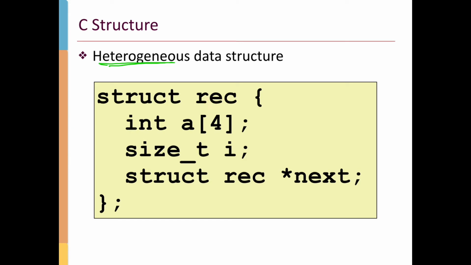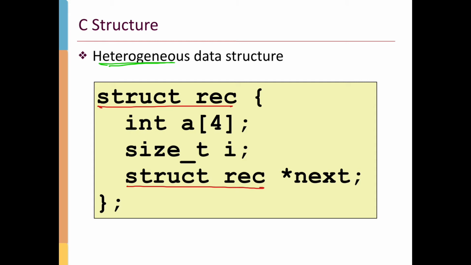And this structure is going to contain an integer array with 4 integers in it, a size_t, which is going to be called i, and then we're going to have a pointer called next, and this looks kind of weirdly circular, right? Because we have struct rec defined out here, and then in its own definition, we're using its declaration, which it turns out is legitimate in C. It sort of suspends disbelief when you try to refer to the structure that is the thing that you're defining inside of it.